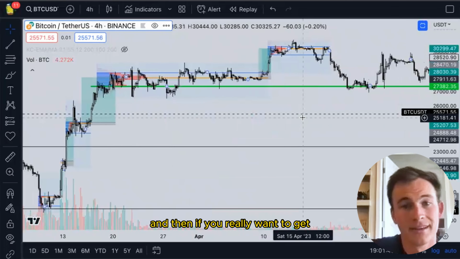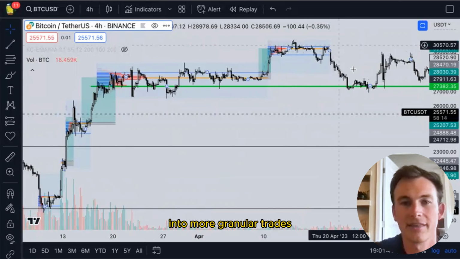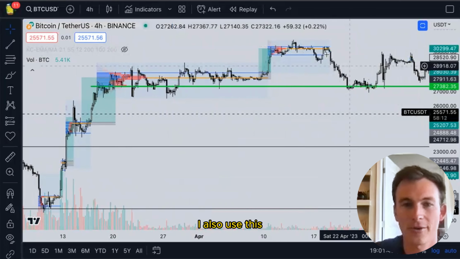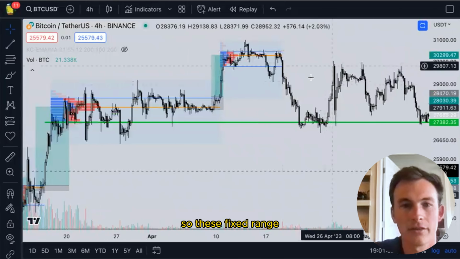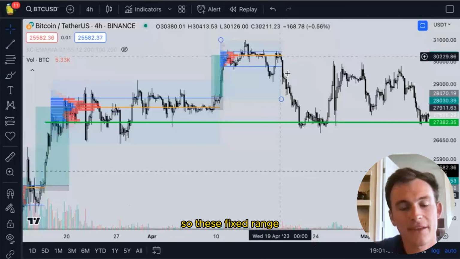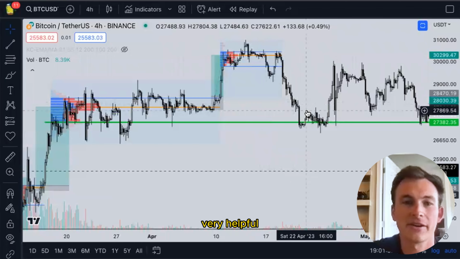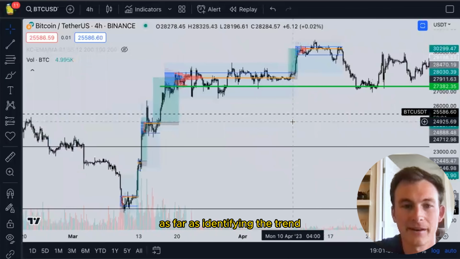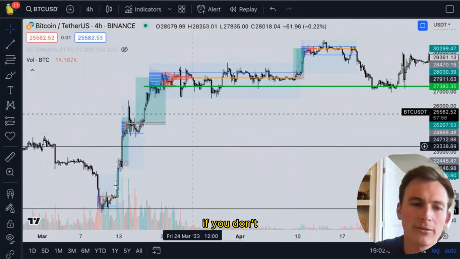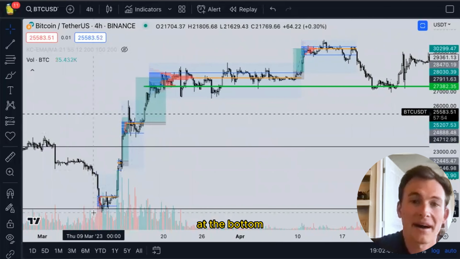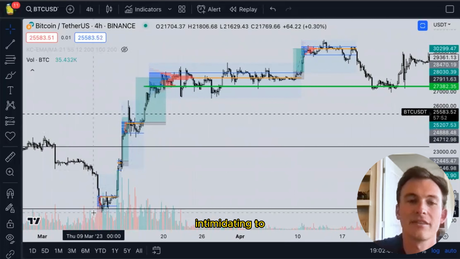And then if you really want to get into more granular trades, I also use this as a way to take some shorts in here. So these fixed range volume profiles are very helpful as far as identifying the trend, or at least if you're not positioned, if you don't buy a ton of spot at the bottom, it can feel intimidating to get positioned.